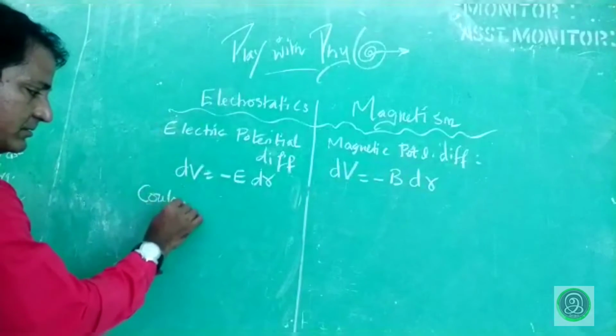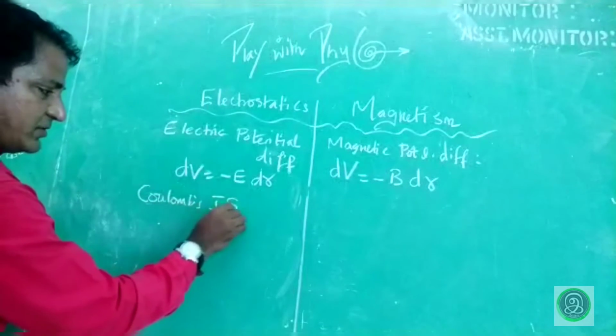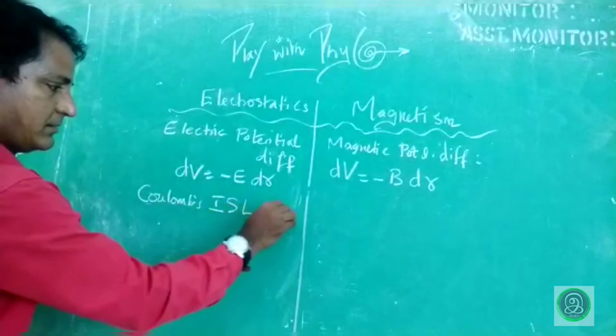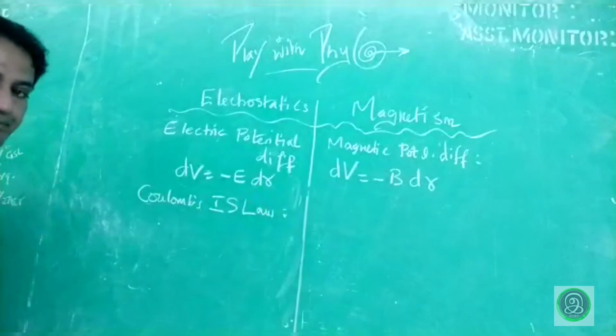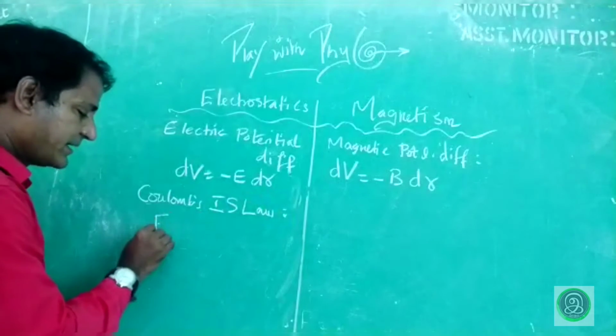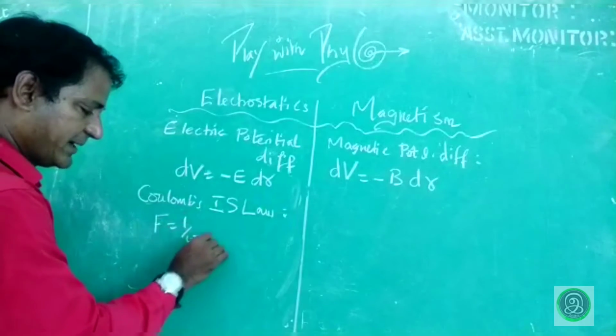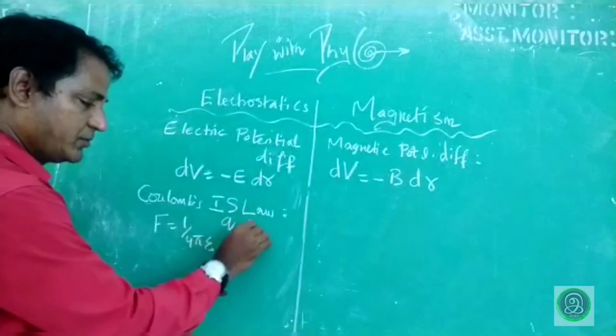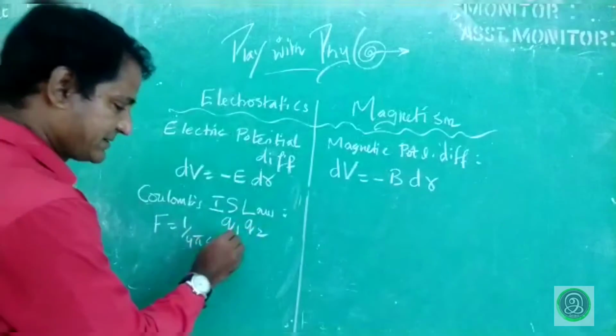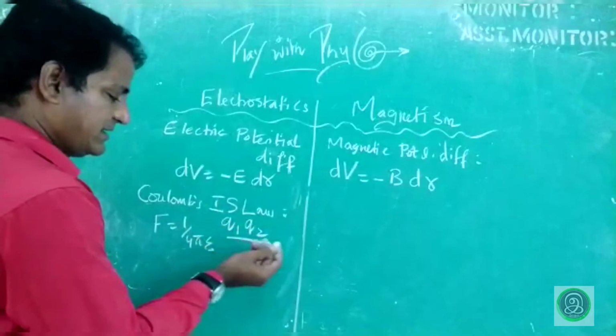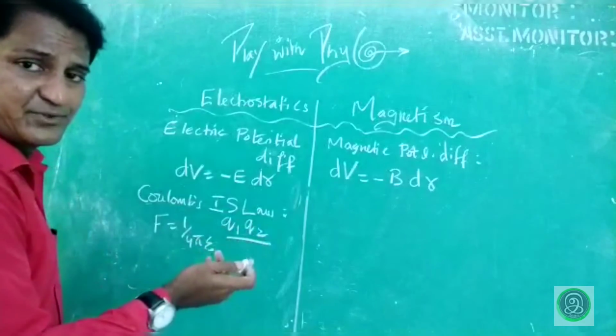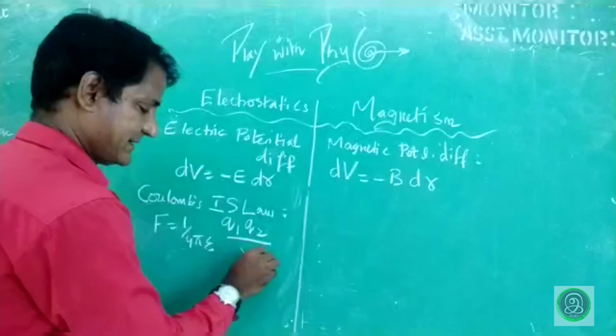Coulomb's inverse square law. So here F is equal to 1 by 4 pi epsilon naught, Q1, Q2, the two point charges, by r squared or d squared, like that. So let me take that as r squared.